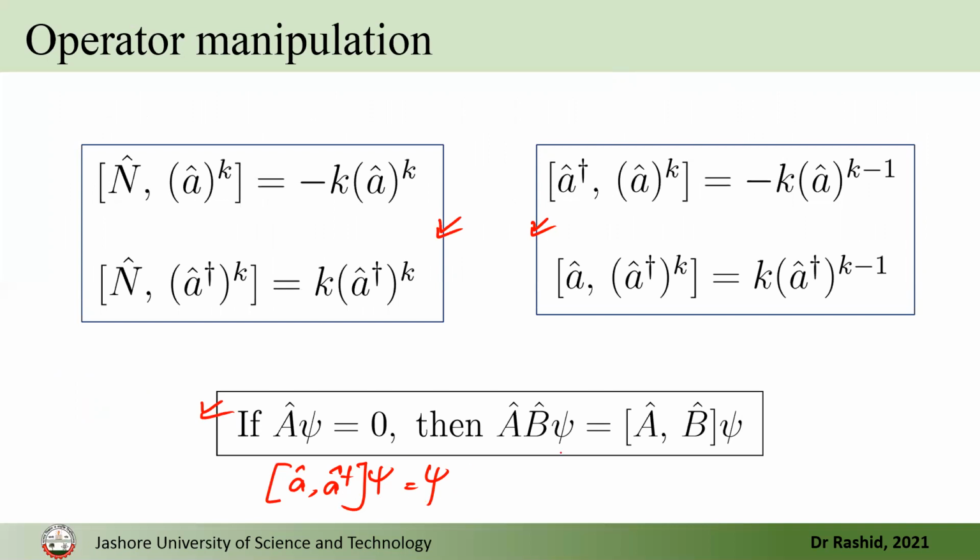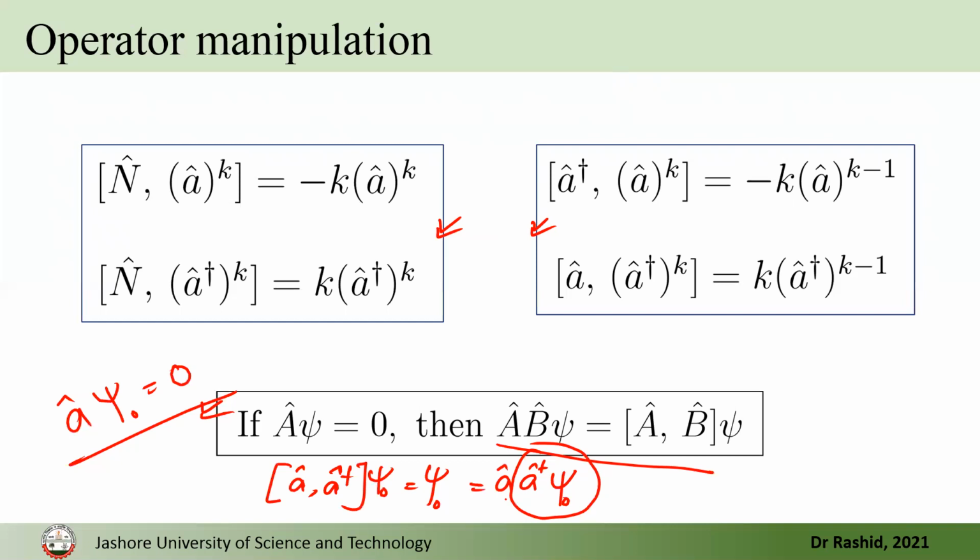Since A hat operates on psi giving 0, we can write A hat dagger psi. So we can see that if A hat gives 0 for the ground state and we take this one to be the ground state, then this will be the case. That means this is not 0.